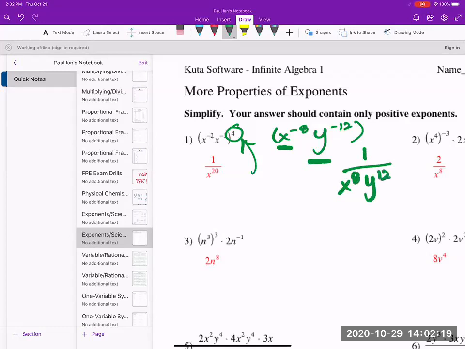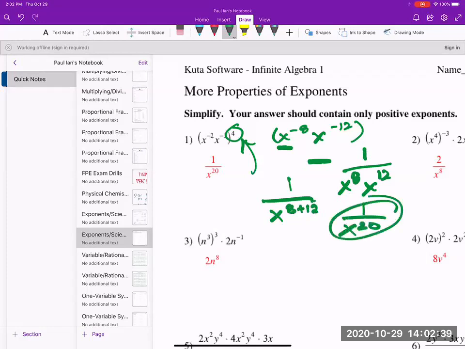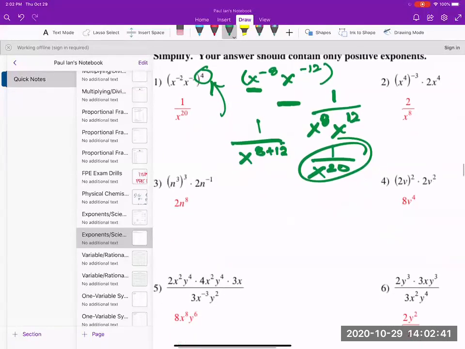Yeah. Okay, and then what do you do now? You add the exponents. So x to the 20th. Okay, that's good. Let's try to do something harder.